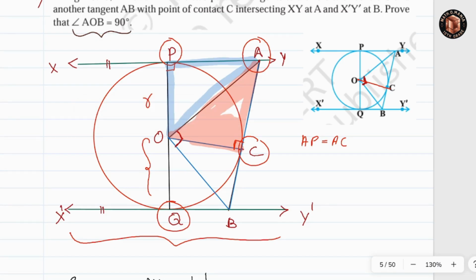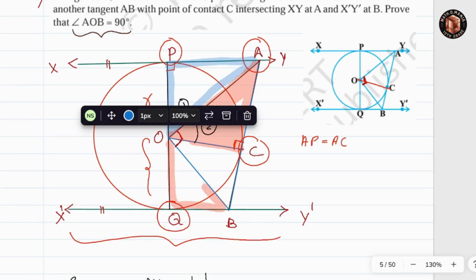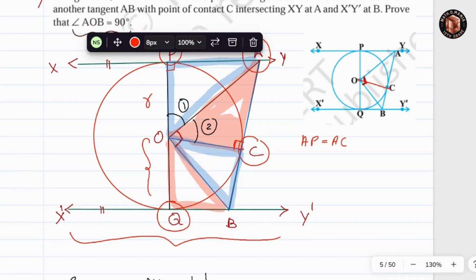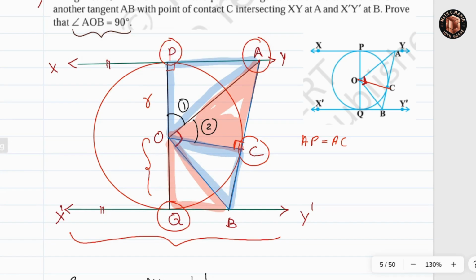If we are able to prove that they are congruent, then we can write that this angle is equal to this angle, that is, angle 1 is equal to angle 2. Till that we can do first. Then in the next step, similarly we can consider these two triangles, this triangle as well as this triangle. Here also if we are able to prove that they both are congruent, then this angle will be equal to this angle.